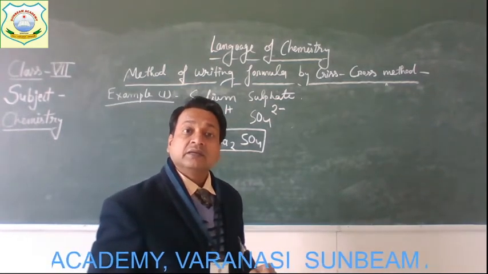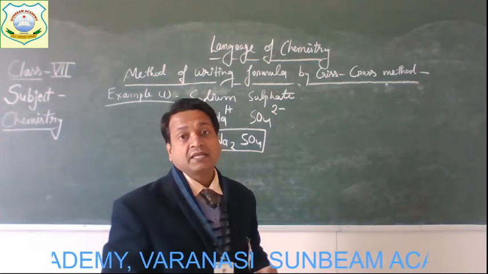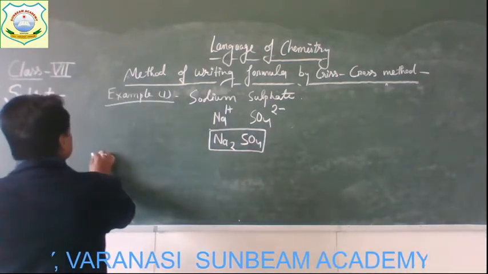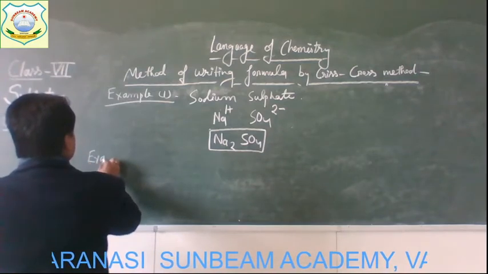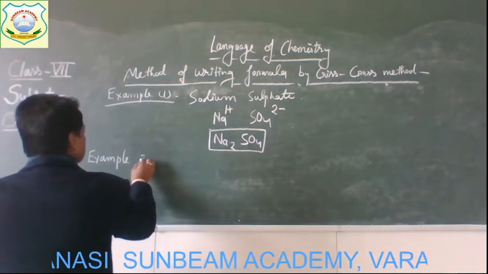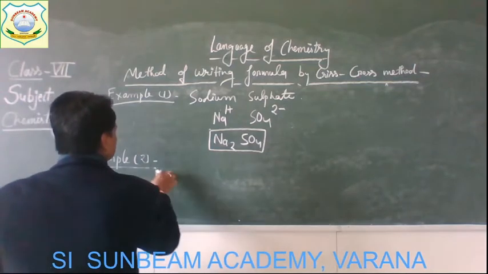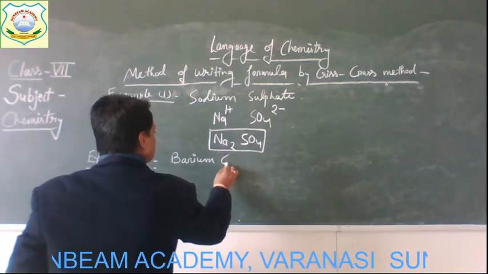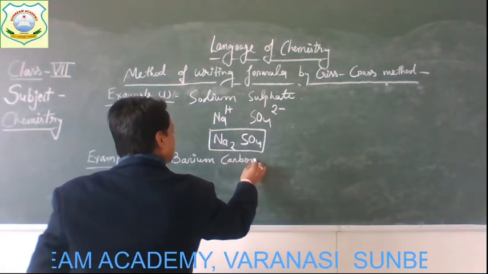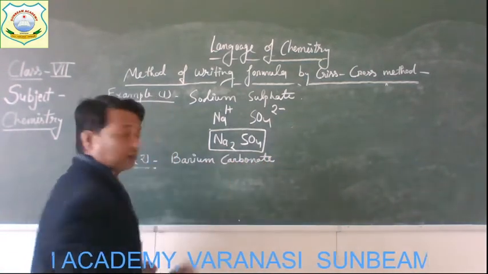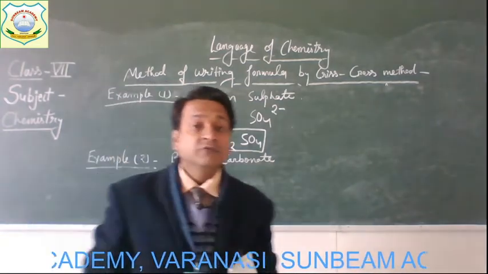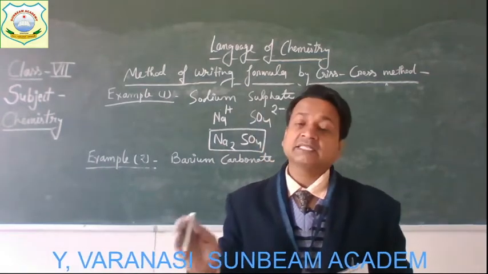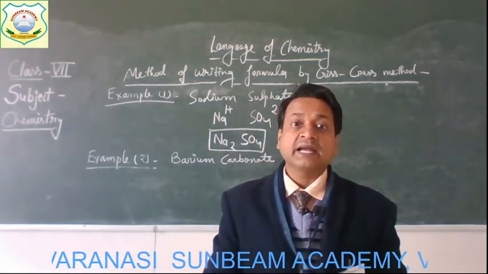Now take another example. In the second example, we will write the formula of barium carbonate. The first step is writing the symbols side by side with their valencies at the top.